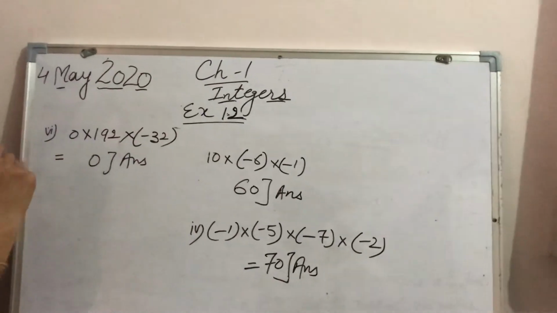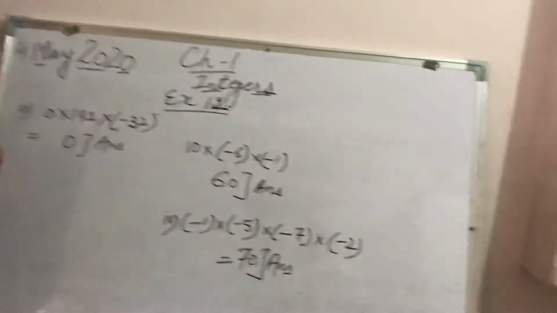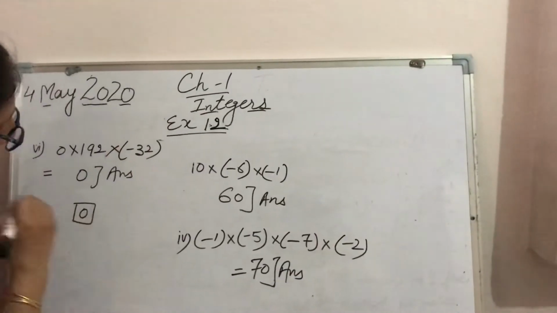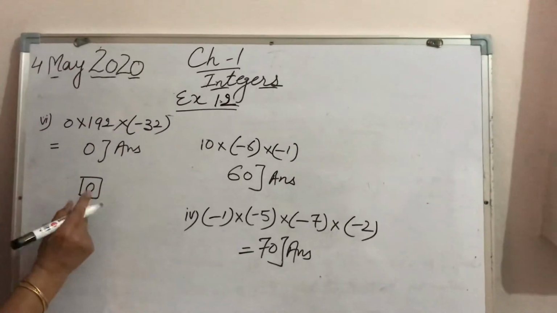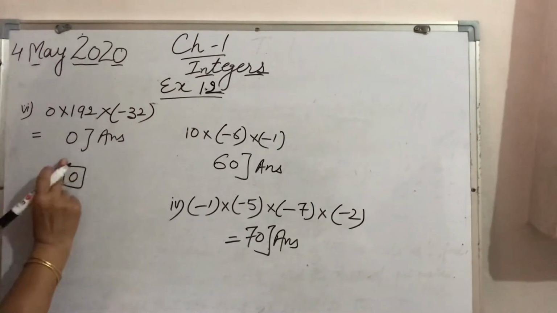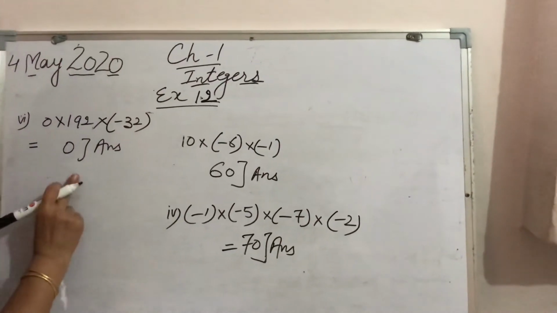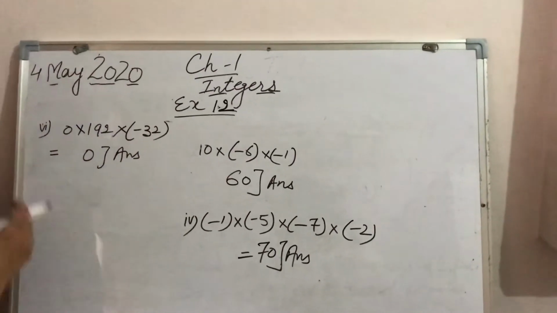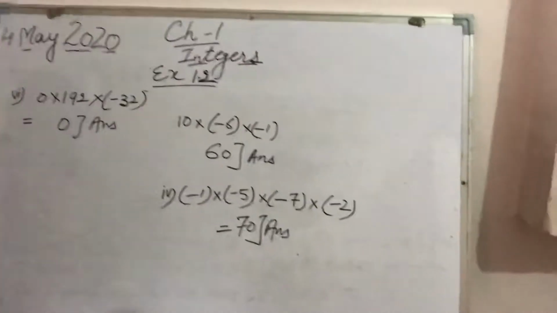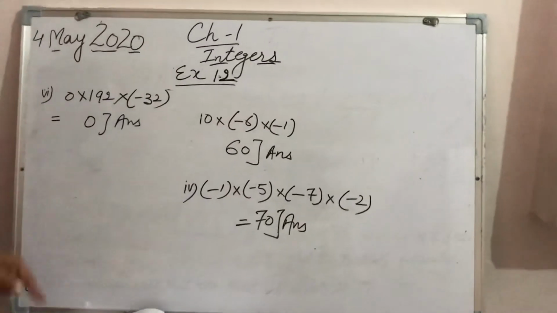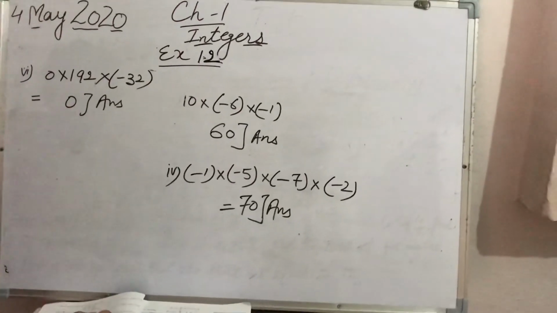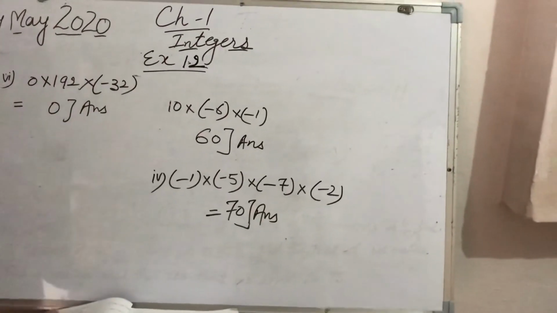With 0 we will not use a negative or positive sign, 0 is neither negative nor positive. So the answer will remain 0 only, not minus 0. So this is the answer. The next 2-3 parts are left, they are the same, you can do them yourself. Already you have the book I think, so you can do the rest of the parts yourself.